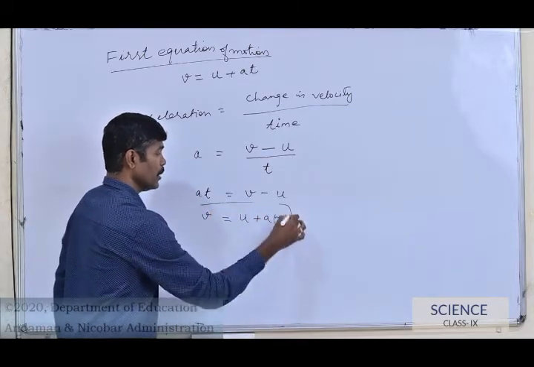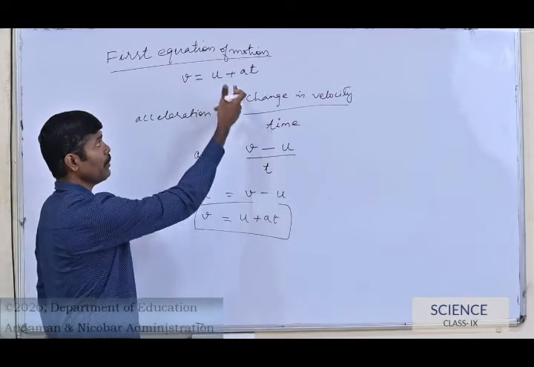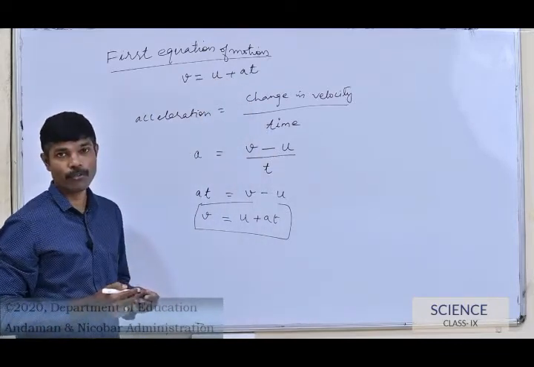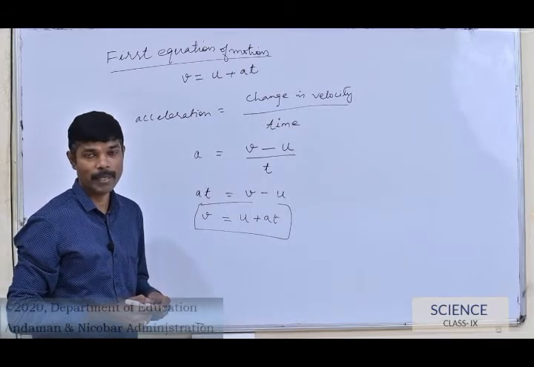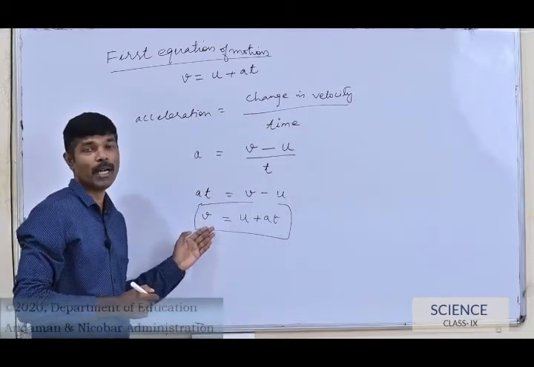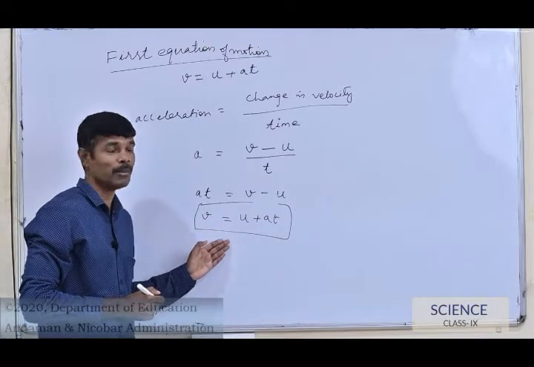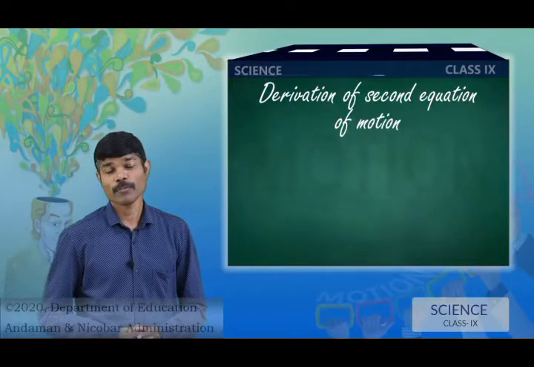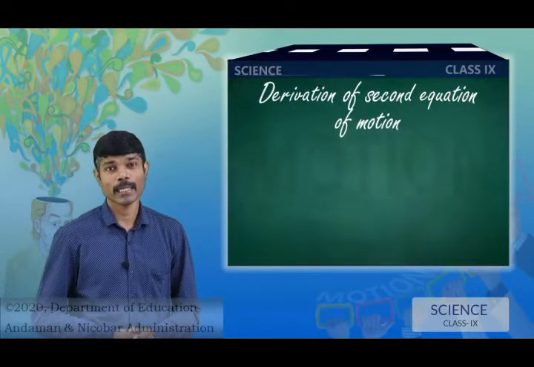So this is the required equation which we are discussing. This way the first equation of motion is obtained. By using this equation, we can find the velocity acquired by an object in time t. I hope you understood how the first equation of motion has arrived.